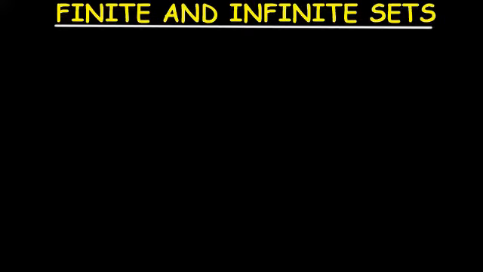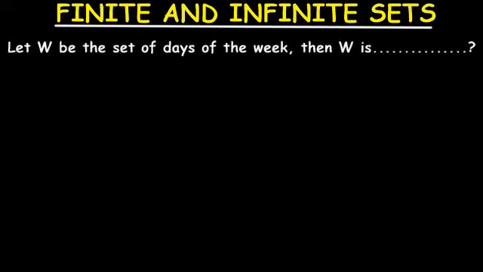Now, let's go over some examples in order to develop our ideas on these two different types of sets. Let's start with this. Let W be the set of days of the week. Then W will be what? How many days do we have in a week?